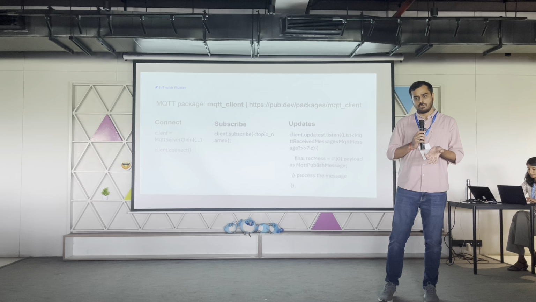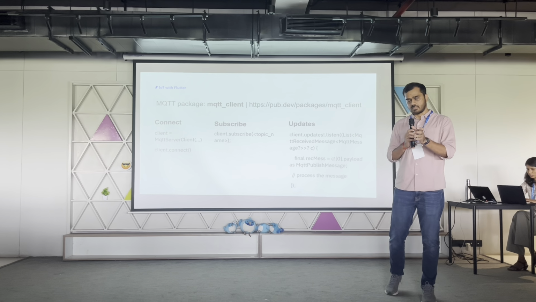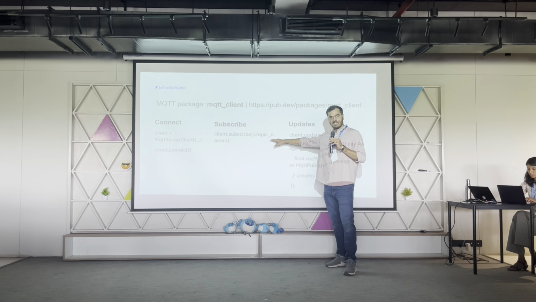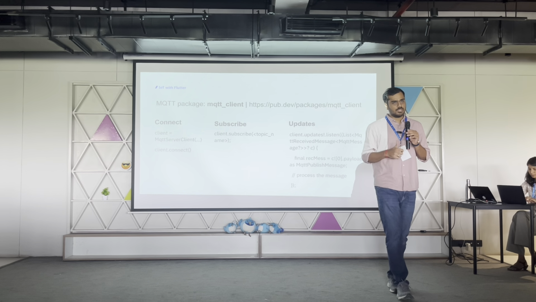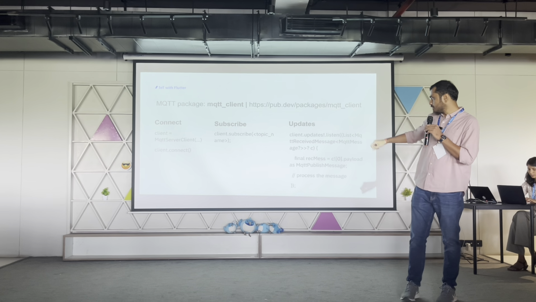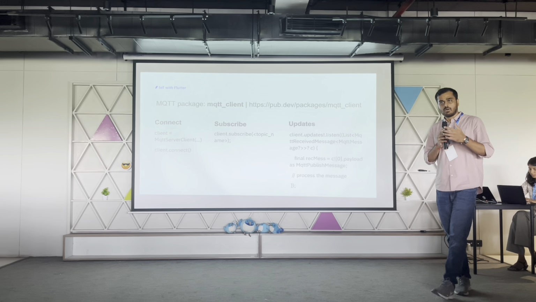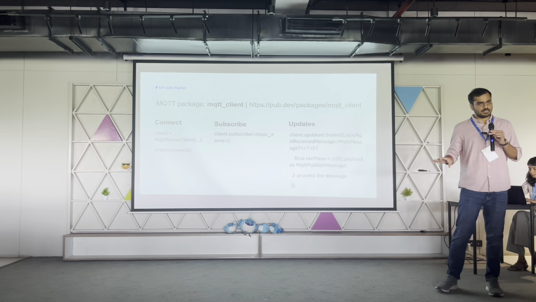The device would publish data on a very specific topic, which is called location. So you'll have to write the location topic name over there. Whatever data is published into that topic, you would want to listen for the updates. Then there are updates. As soon as new data is available on that topic, you'll get the callback. That's it. It's as simple as that.